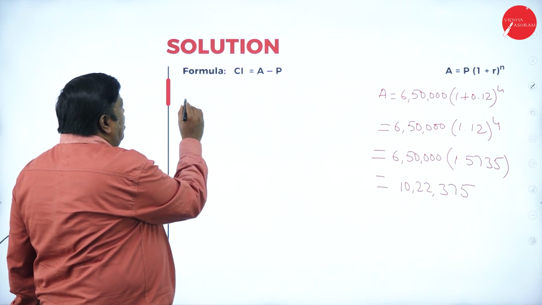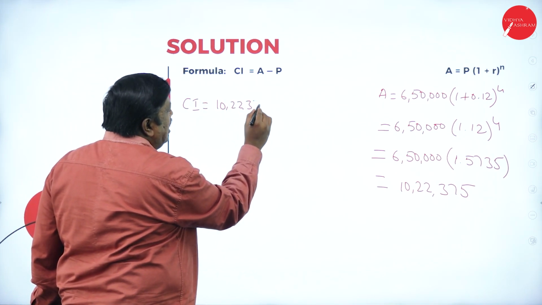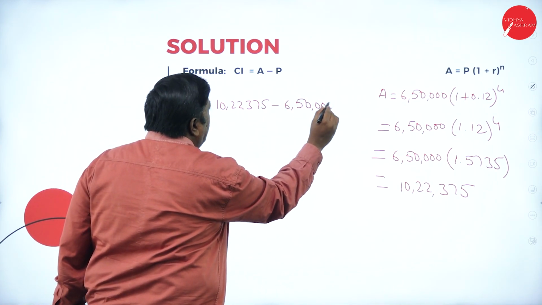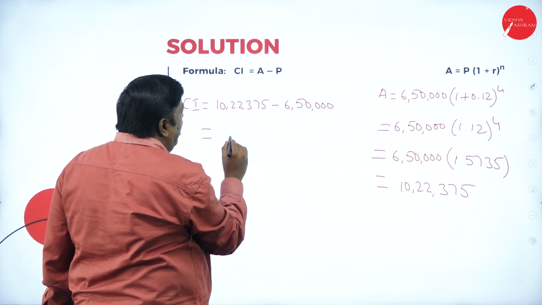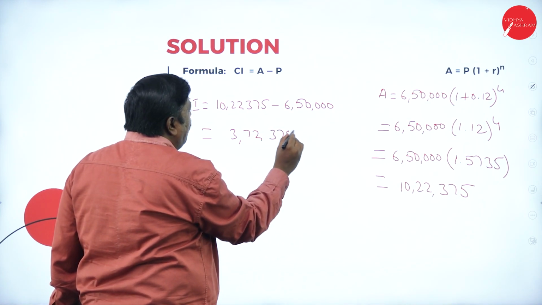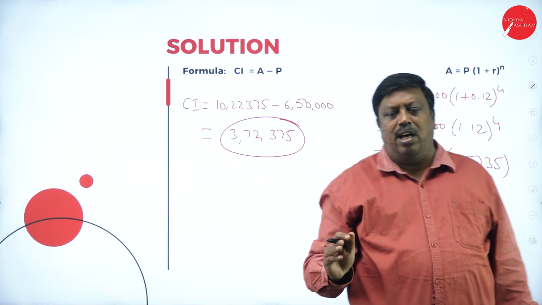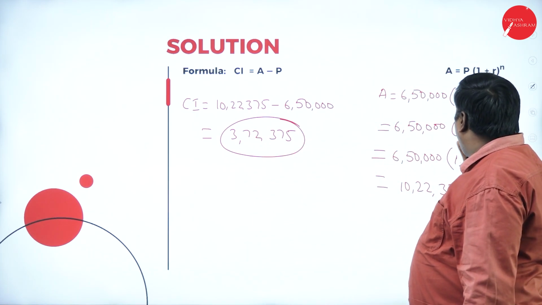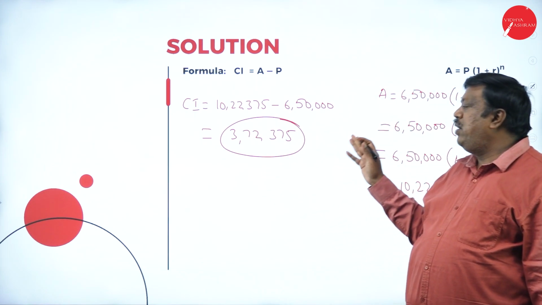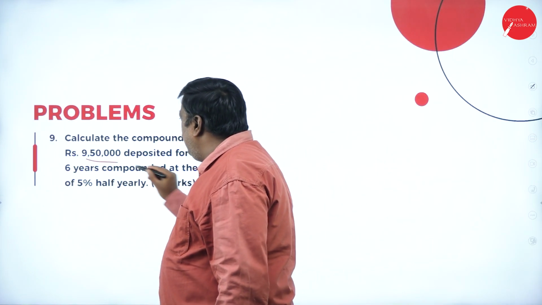My compound interest will be 10,22,375 minus 6,50,000. So the amount will be 3,72,375. My compound interest for 6,50,000 at the rate of 12% for a period of 4 years, what we are going to earn is 3,72,375.